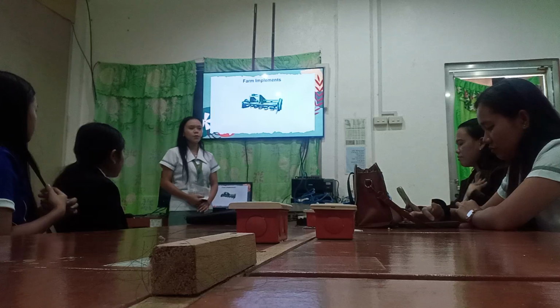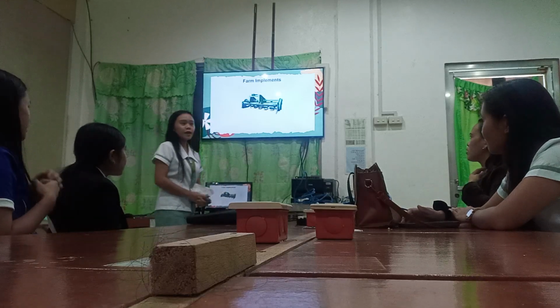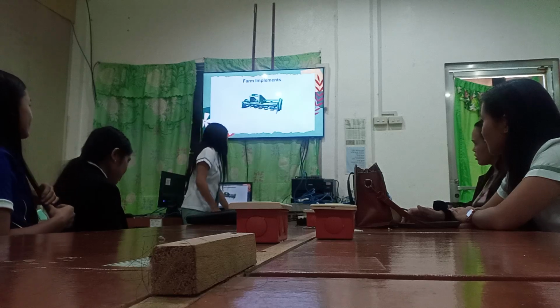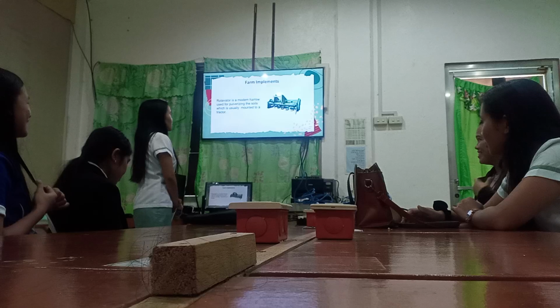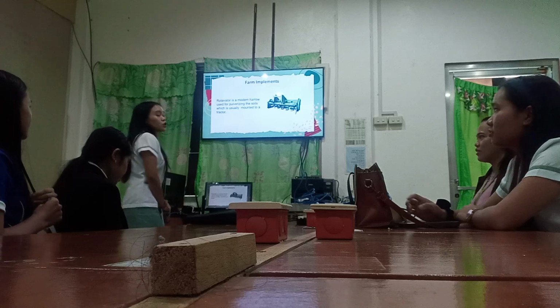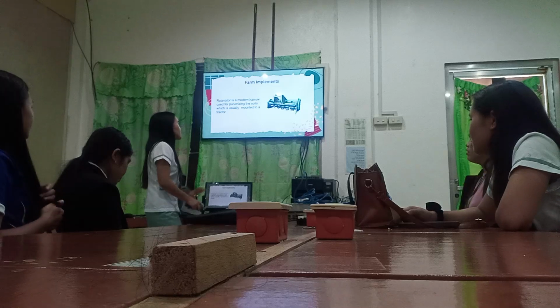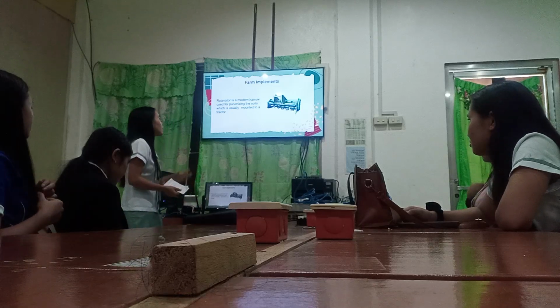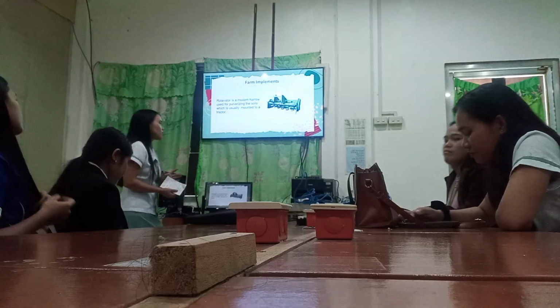Okay, who can guess the picture? No idea? Yes, ma'am. Okay. This is what is called as rotavator. Rotavator is also called as rotary hoe or rotary tiller, and it is a modern harrow and used for pulverizing the soils, which is usually mounted to a tractor.